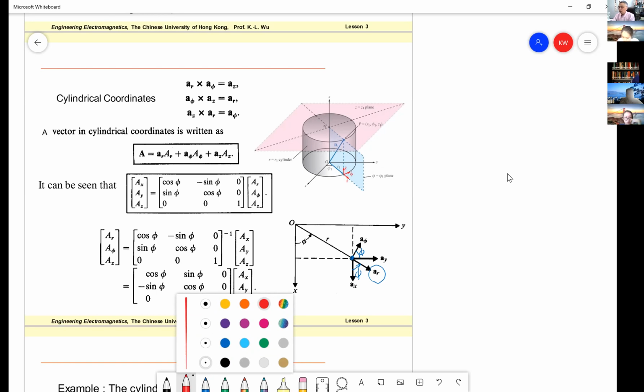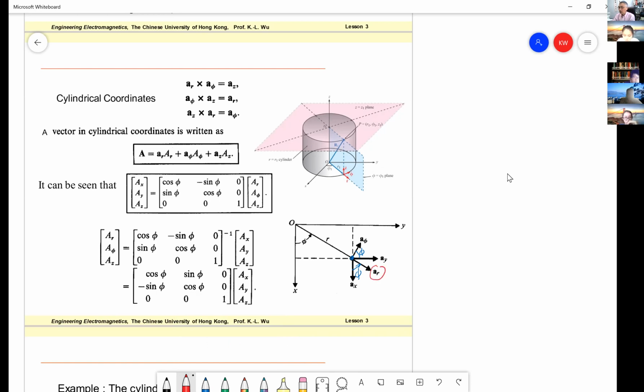So let's look at the r component. The r component has a projection on the x-axis. If this is a unit length, then that times, oh sorry, not sine, cosine phi, right?